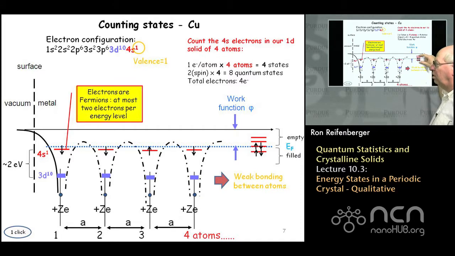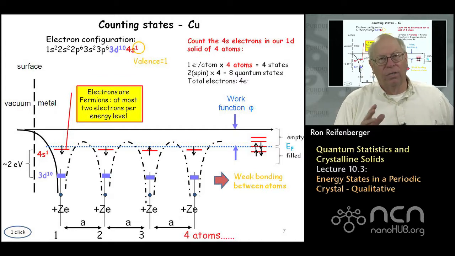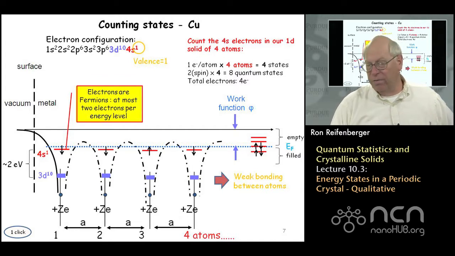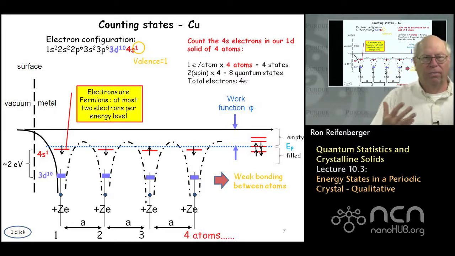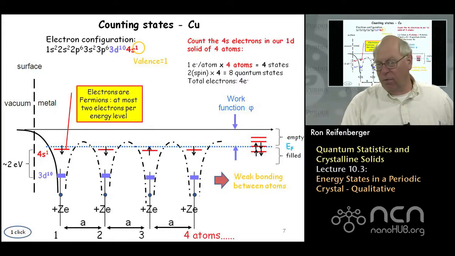These 4 states that develop form a narrow band of energies, and of those 8 quantum states that exist, only the lowest 2 are filled, and they're filled by the spin up and spin down electrons, as I've indicated in this diagram. So it's really important for you to be able to think your way through this type of problem and to understand these different steps, which on the face of it are pretty simple. But if you can do that, then you basically understand how energy bands form in solids.